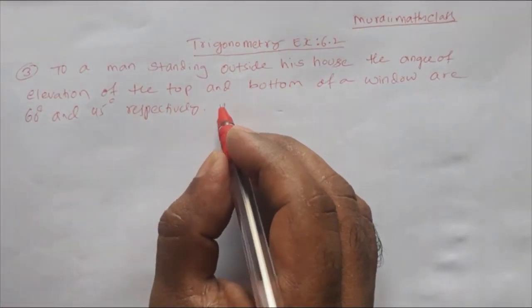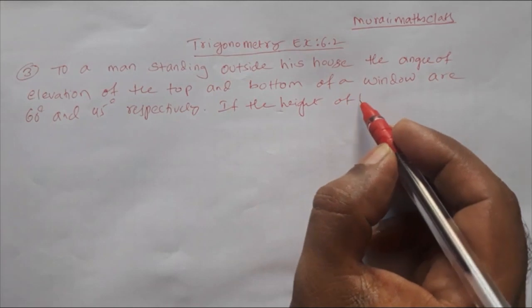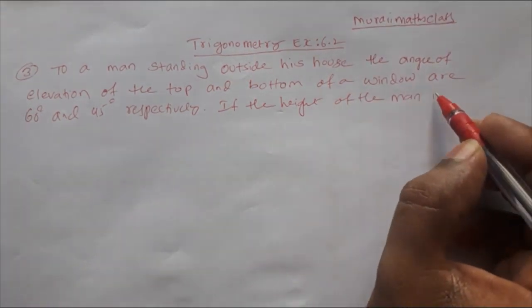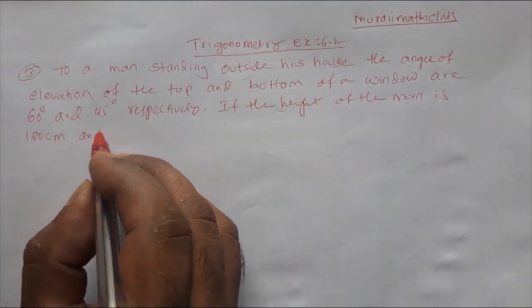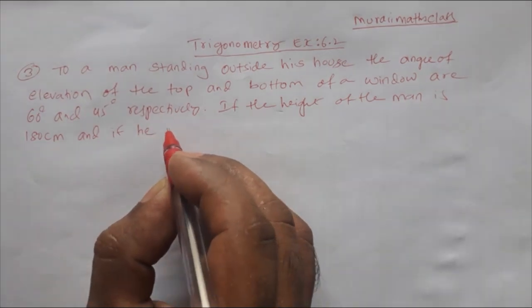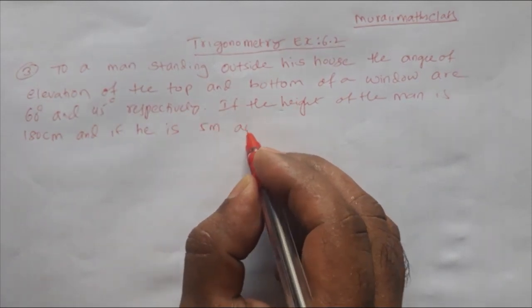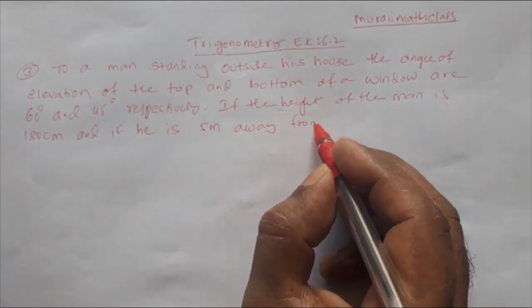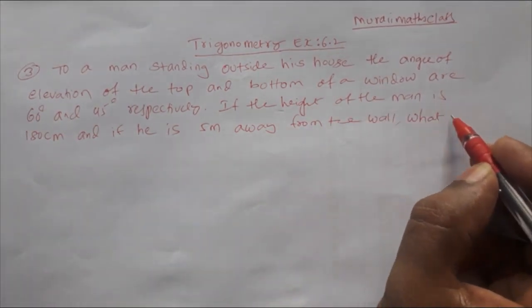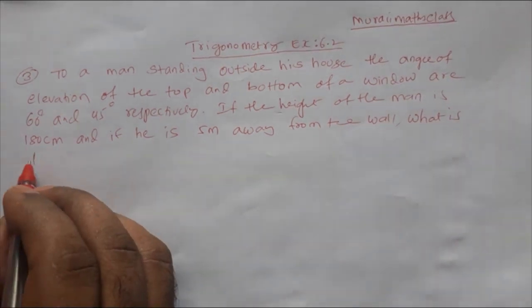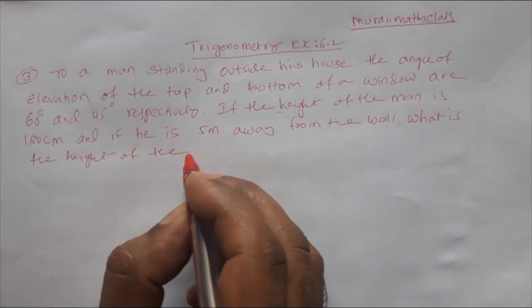If the height of the man is 180 centimeters and if he is 5 meters away from the wall, then what is the height of the window?